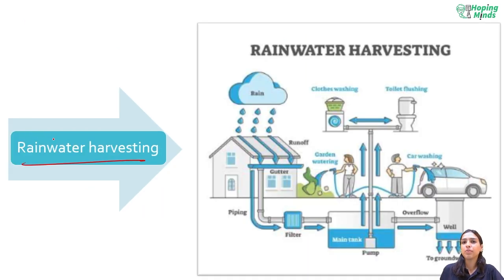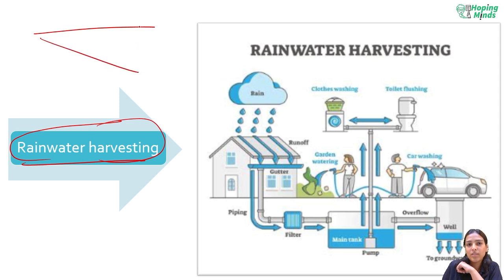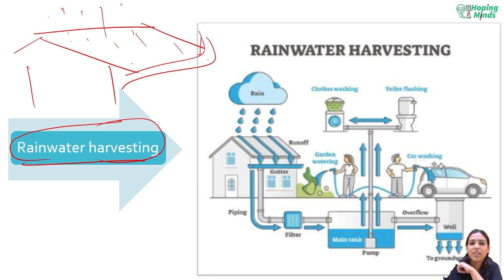Rainwater harvesting. We used to know about this when our grannies used to put a bucket when it was raining, and they used to have a small pipe coming down from the shed attachment where they used to collect water falling from the slope into a pipe, and that water used to fall into a bucket. It used to be something of this sort: from this shed, when it used to rain, this was the house, the rain used to collect in an attachment over here, and then this used to come down in a pipe and collect in a bucket.